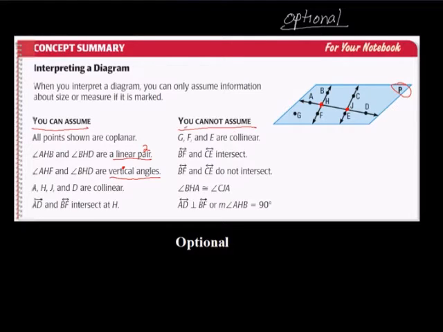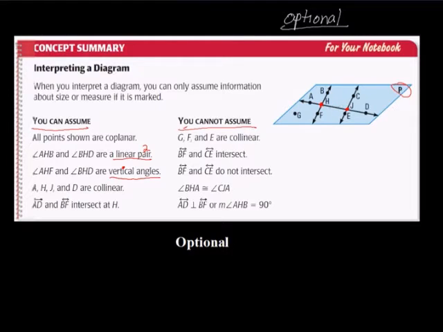Stuff that you can't assume. G, F, and E look like they're collinear, but you can't assume that they're collinear because you don't have a line on top of there. G could be off by a little micron, and then they wouldn't be collinear because they don't lie on the same line. Line BF and line CE, you can't assume that 50 miles that way these are going to intersect.